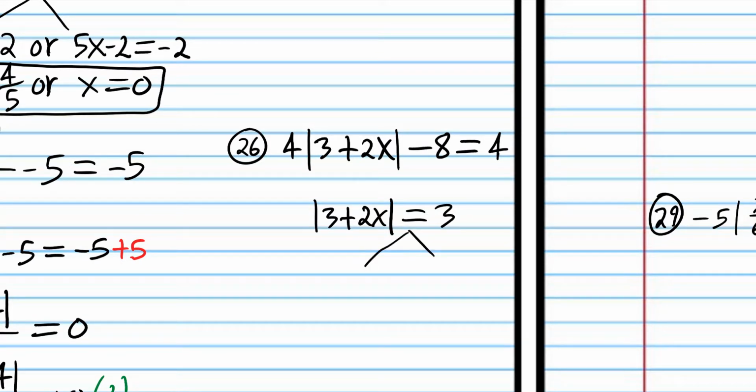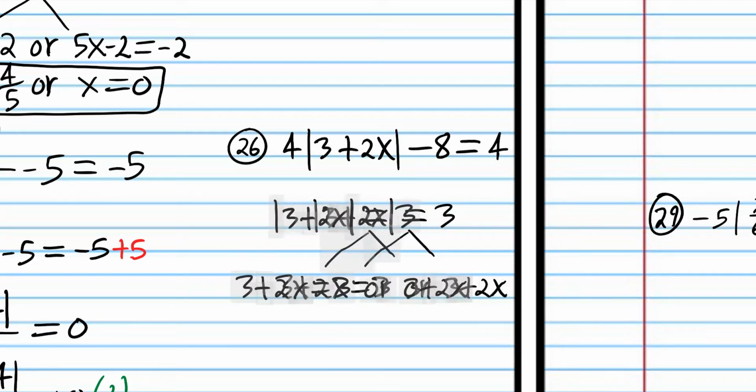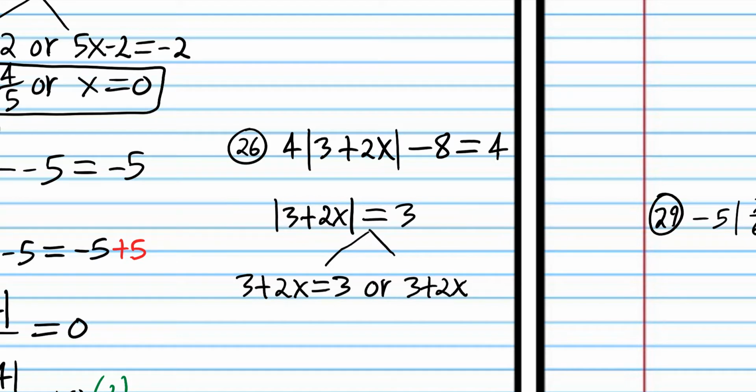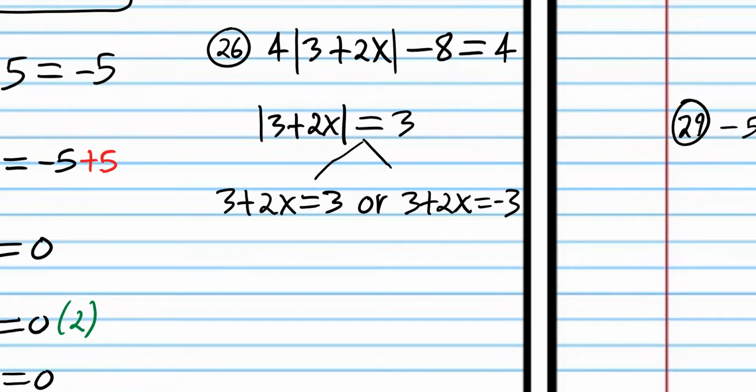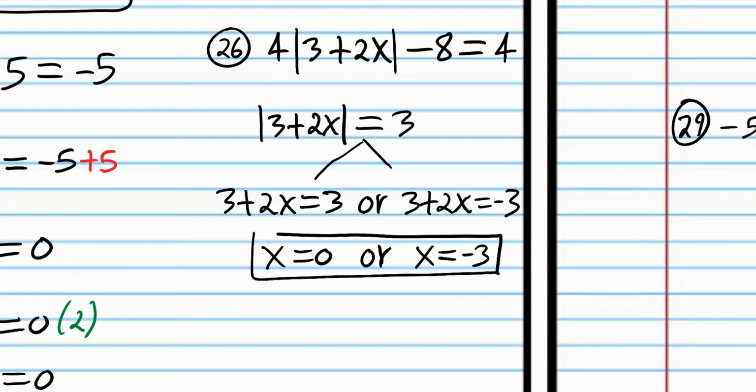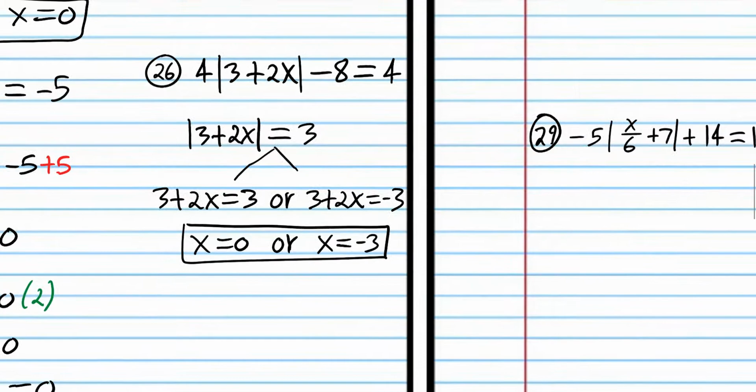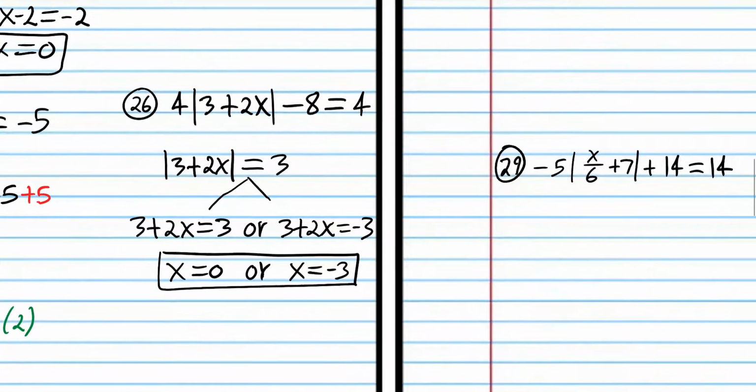And now that the absolute value is isolated, we know that 3 plus 2x can be positive 3, but we know 3 plus 2x can also be negative 3. So now we just solve and we get x equals 0 over here, or x equals negative 3. Again, we're just practicing algebra here and practicing absolute value equations.